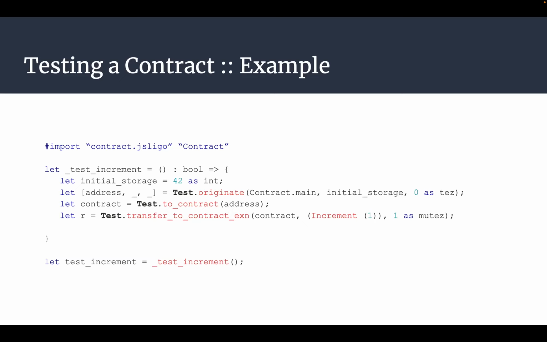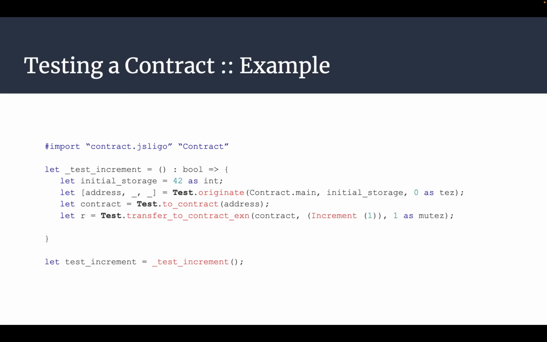You give the contract as a first parameter, the action you want to execute, which is increment by 1, and you can say, I'll give you 1 mutez. So I can pay for this. I can say, okay, I add 1 mutez to the balance of the contract. So I would like to pay for this.